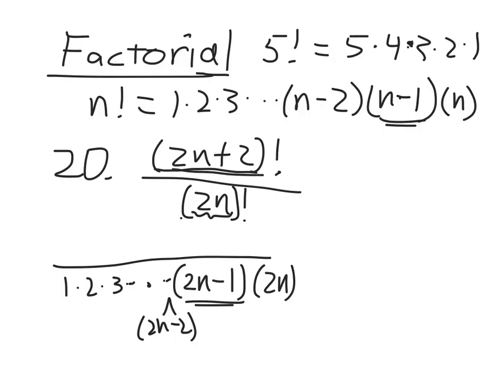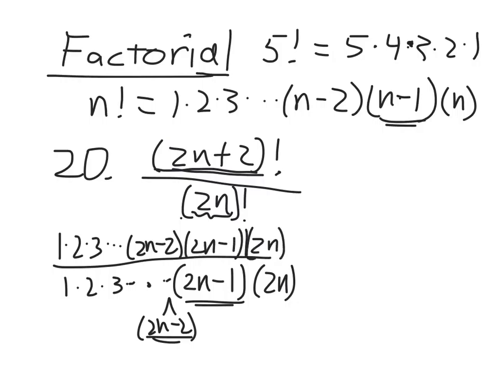Let's take a look at the numerator then. And this one gets even more interesting. We'll start with this one, and then the next one, and then the next one. What more do we need in the numerator that we haven't put yet? 2n plus 1 and 2n plus 2.